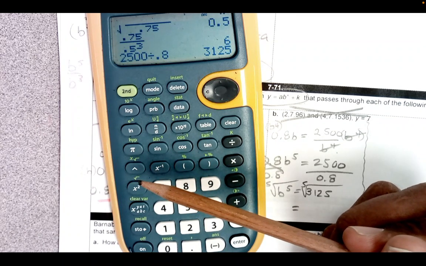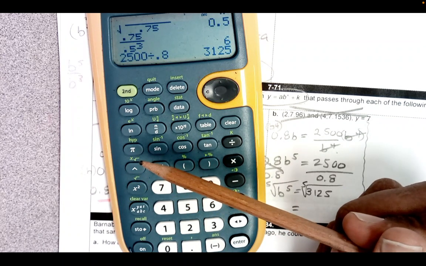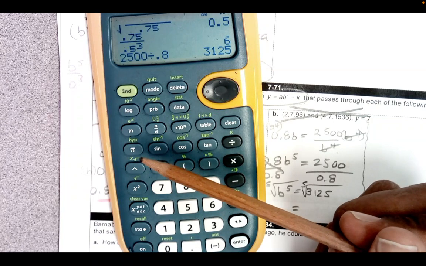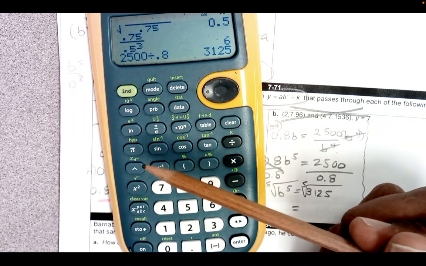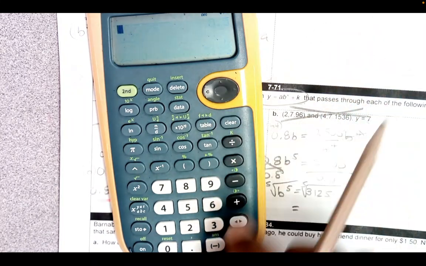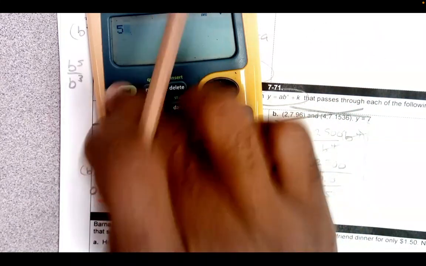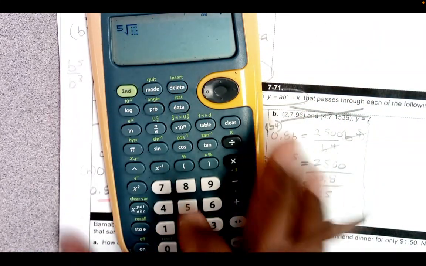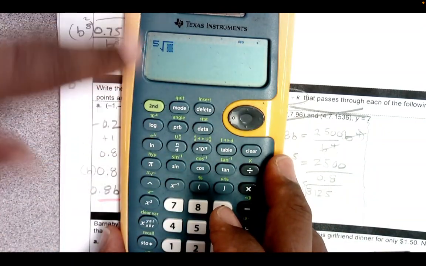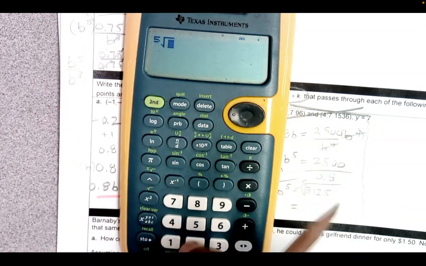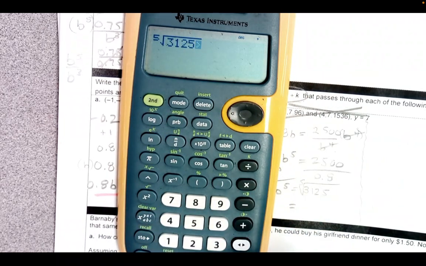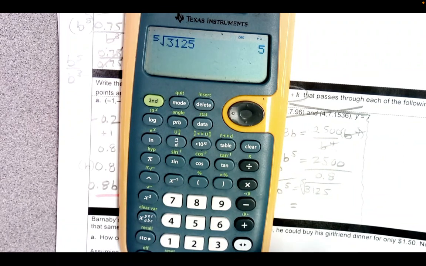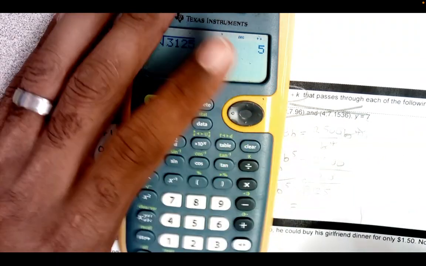Yeah, the one right there that says x and then the root. You first type whatever that number is. So I type 5, and then I hit that root, and you can see it turns into that little index number. So 3,125: what number do I multiply 5 times to get 3,125? It's 5. So b equals 5.